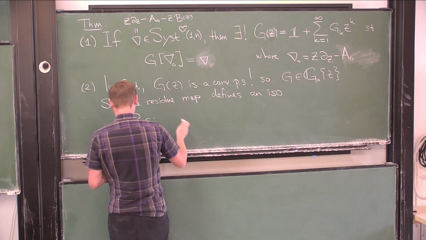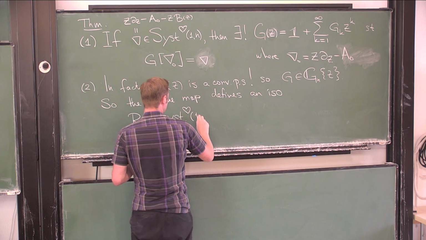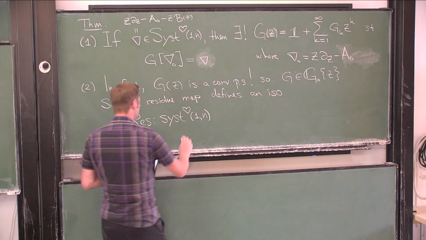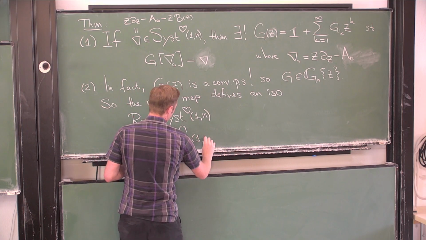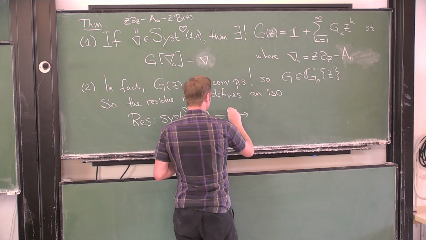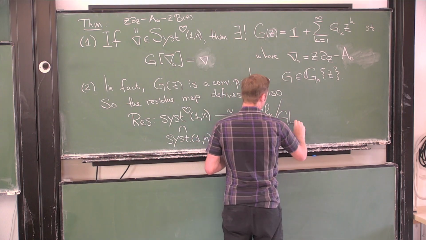If I look at the moduli space of non-resonant systems, which is a subspace of all systems, there is an isomorphism between it and G.